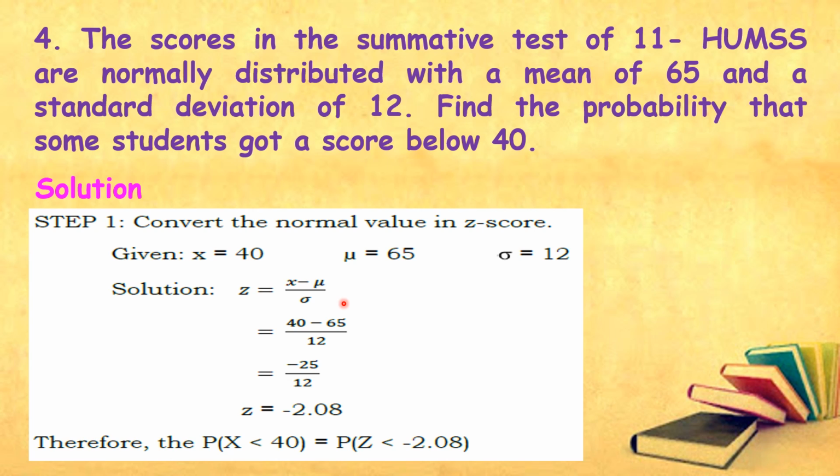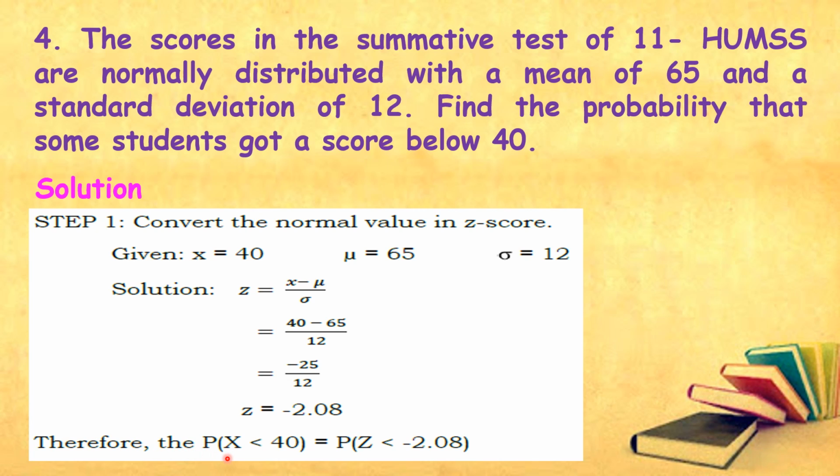Z equals x minus mu divided by sigma. Step 2, substitute the values. X is 40 minus mu is 65 divided by standard deviation 12. Step 3, perform the operations. 40 minus 65 is negative 25 divided by 12. And then, step 4, write the corresponding z-score. Negative 25 divided by 12 is negative 2.08.